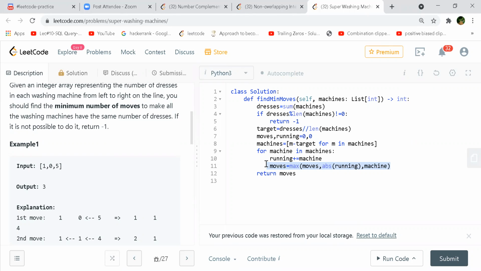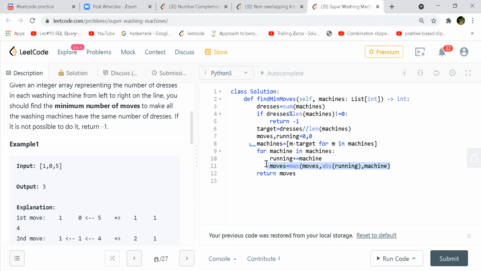So if we do a cumulative sum for that array and go to the end, and at each step take the absolute value and the max so far, that will always give you the maximum number of movements which you need up to this point, right?